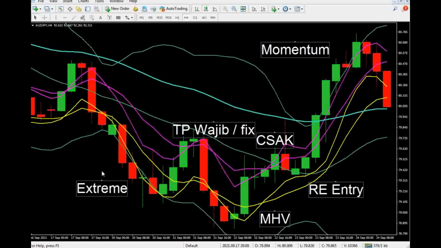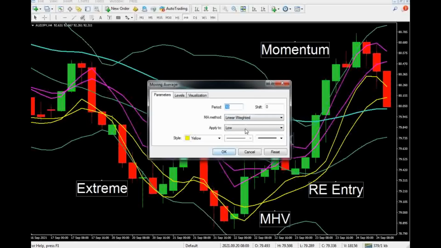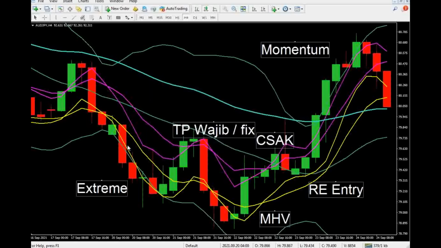And then the second one is the moving average. I mean the moving average low or high. So this one and this one, for low moving average, low MA, it moves out of the upper or lower Bollinger Band.